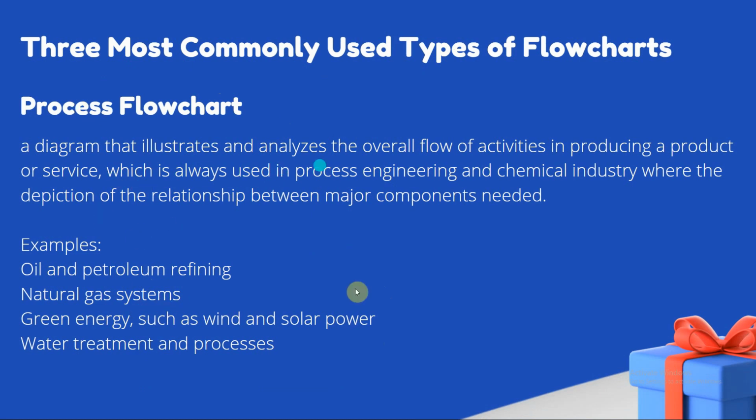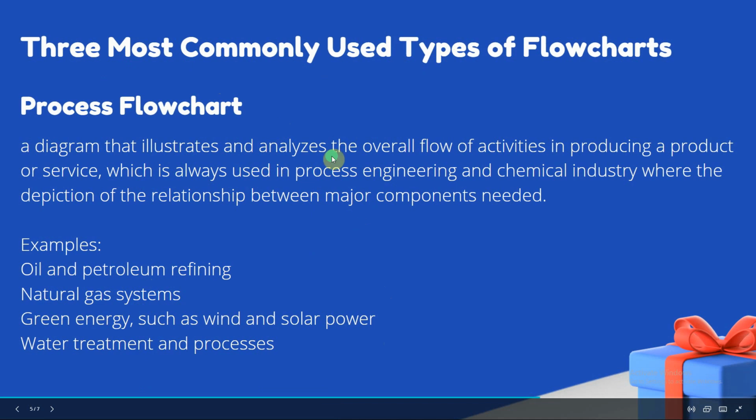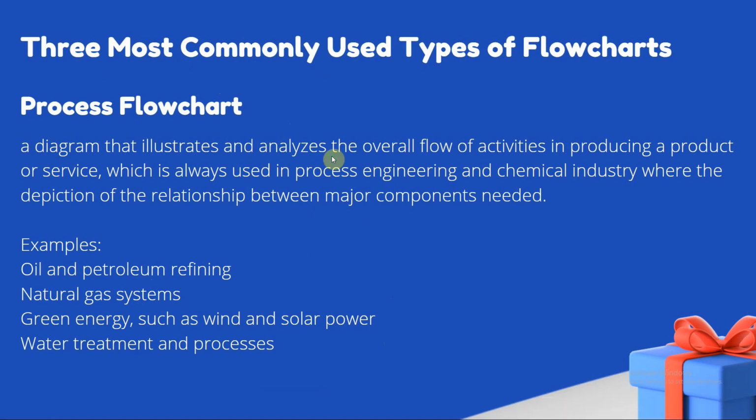A diagram that illustrates and analyzes the flow of activities in producing a product or service. Usually this is used in supply lines or engineering, for the processing of their machines, for example. It can be represented in a flowchart to describe the flow of activities: what the output is, what the input is, where the inputs come from, and what is done inside the machine. This can be described using a process flowchart.